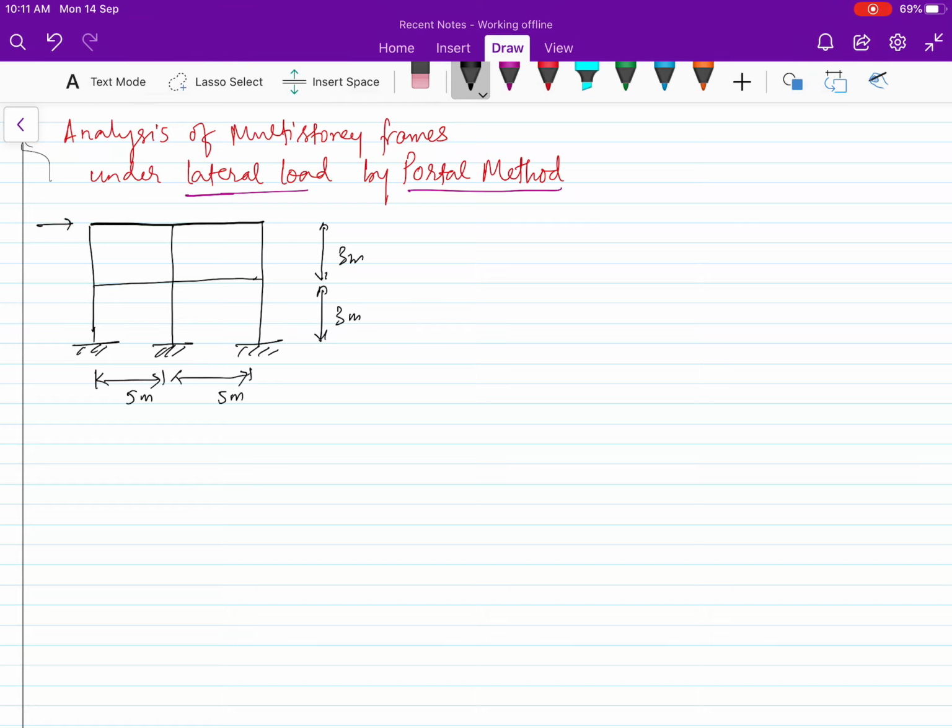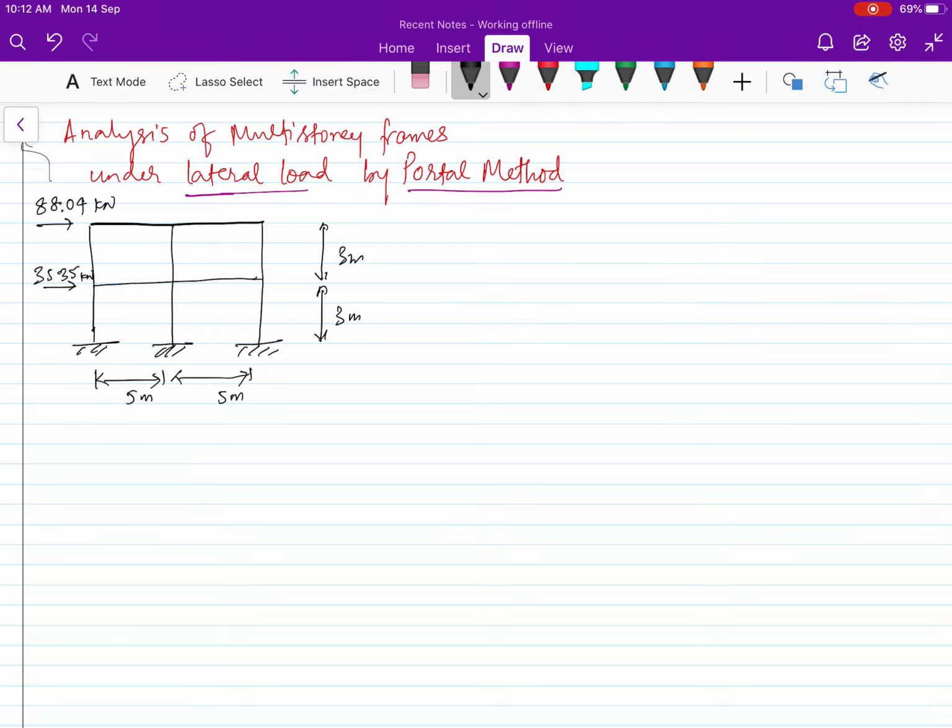In this I'm only considering the lateral load, the earthquake load, because the building is in zone 3. We have calculated the forces coming to the frame. Here it was 88.04 kilonewton. How these values have come, you have to refer to part 1, and this was 35.35 kilonewton at this level.